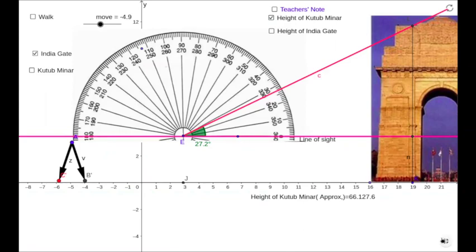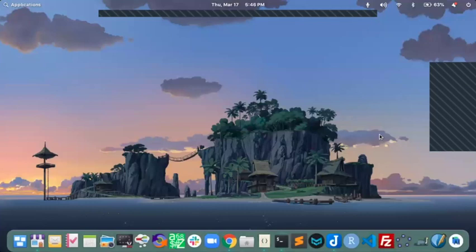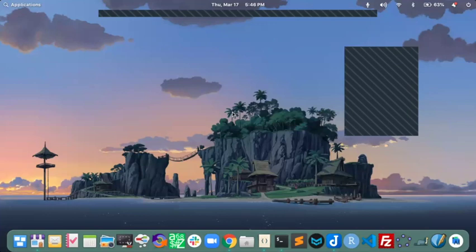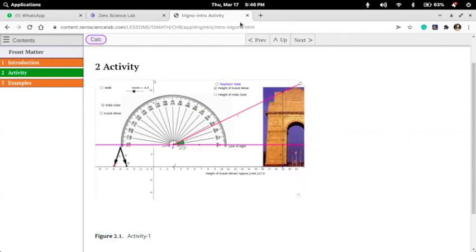The full screen is doing it. Is the screen share working?